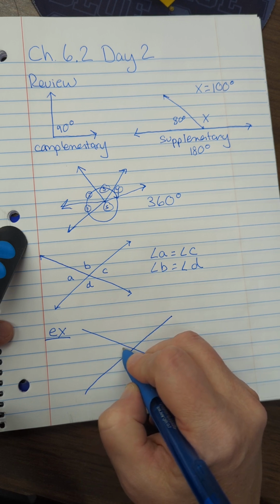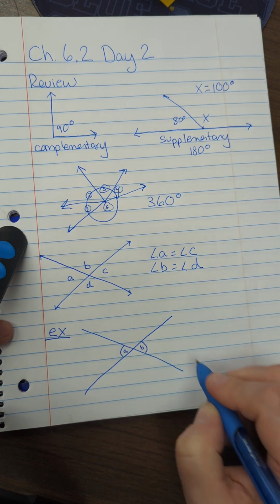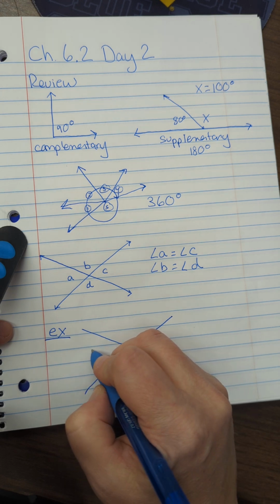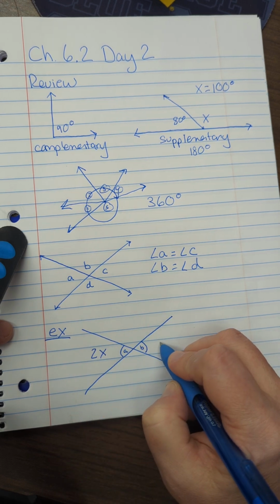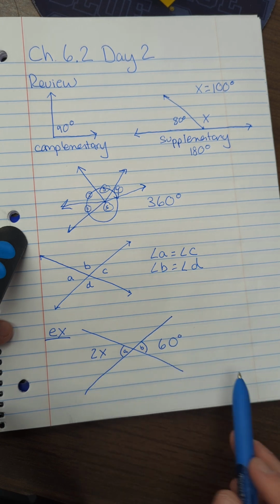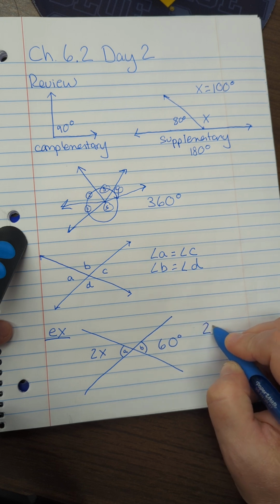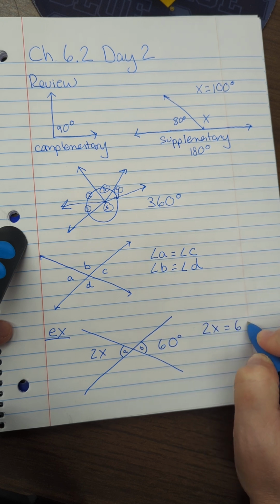And angle A, sometimes they will do this. You'll see this in your book. Angle A is 2x, and angle B is 60 degrees. Now, I know that these two things are vertical angles, so I know that they equal each other. They are the same.